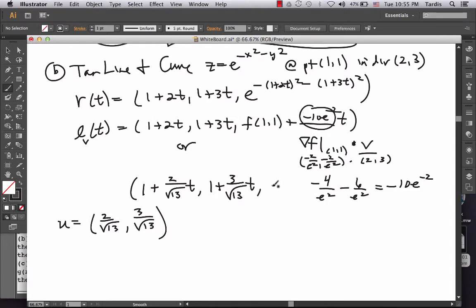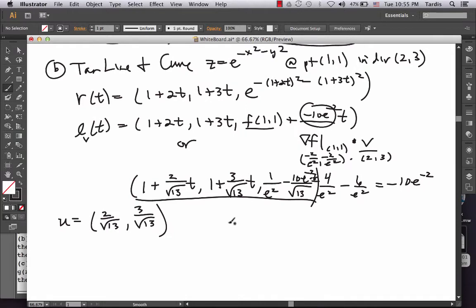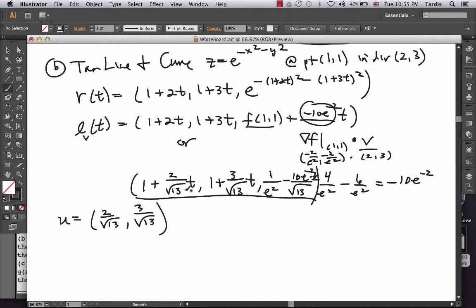Okay, and in which case you would have the function evaluated at (1, 1), which would be 1 over e squared, and then you would get minus 10 e to the negative 2 over the square root of 13, and then you would have to multiply that by t. Oh, sorry. Okay? So you could have this answer or this answer.